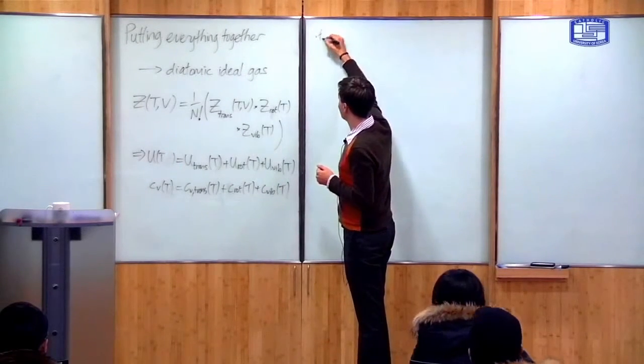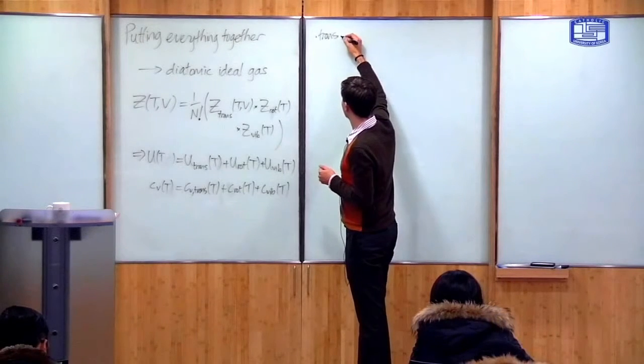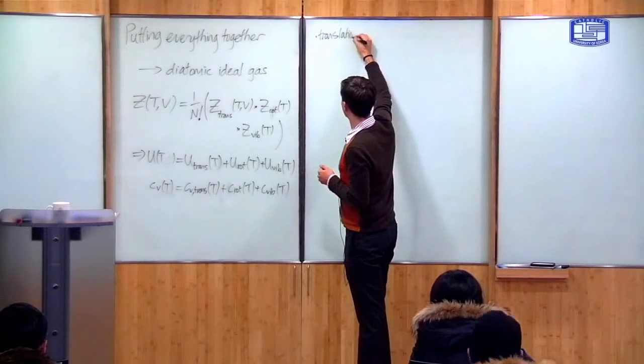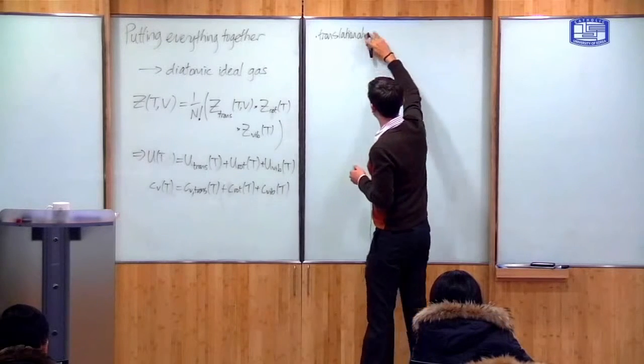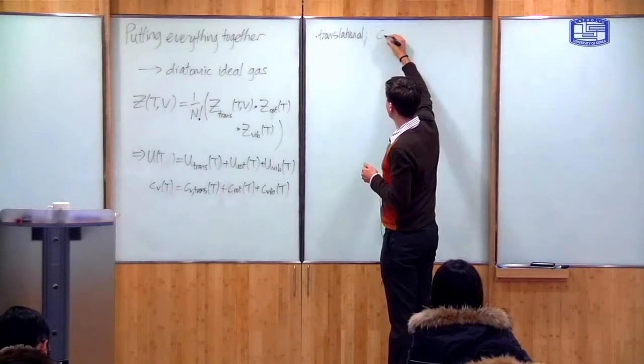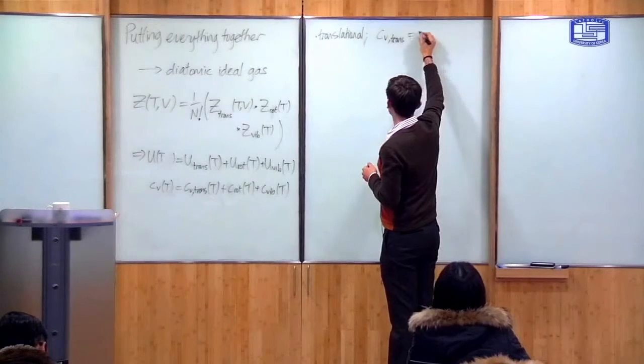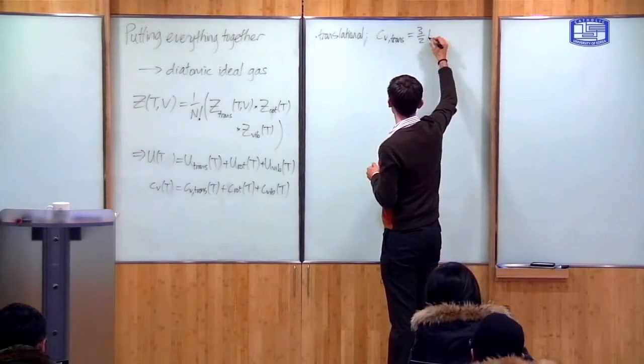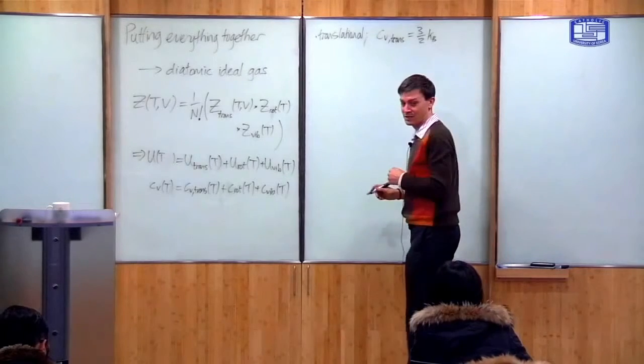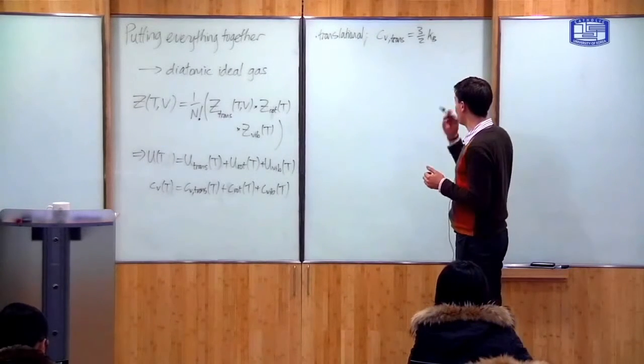So first of all, the translational part. We calculated a few weeks ago, we showed that the translational part of the heat capacity at constant volume is pretty much constant, 3/2 k_B. And this is true down to very low temperatures.